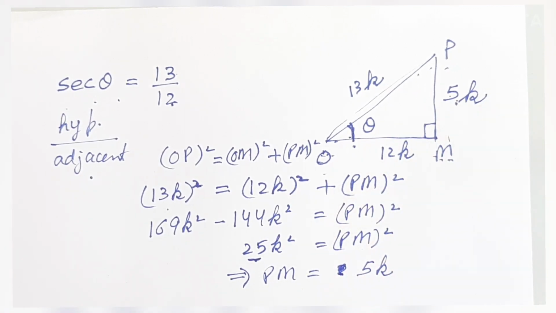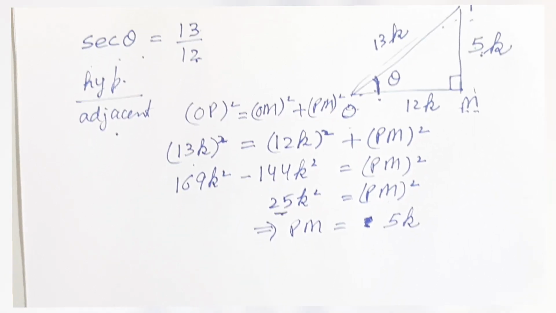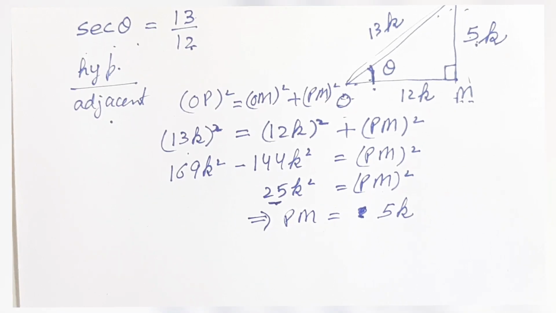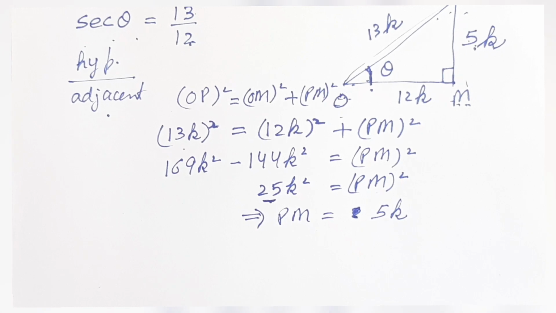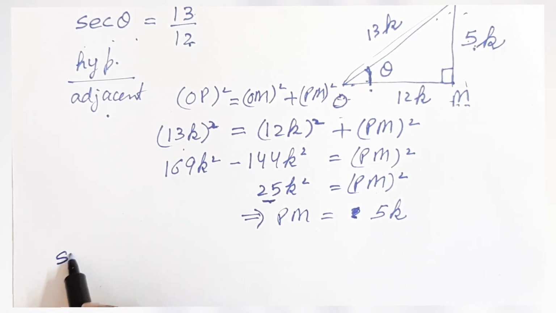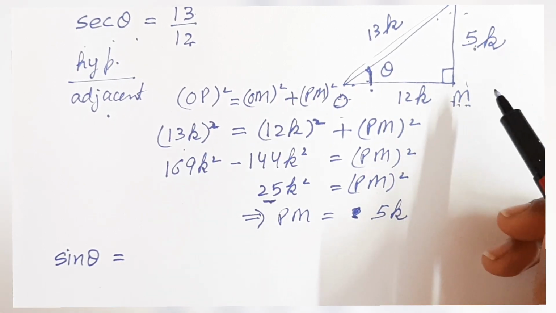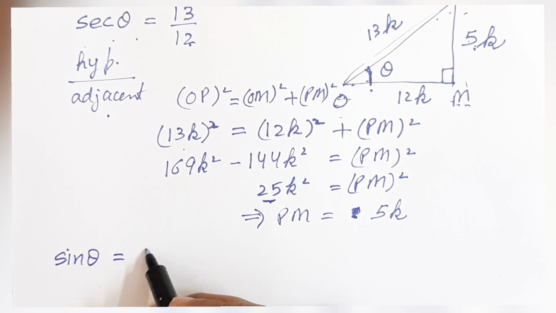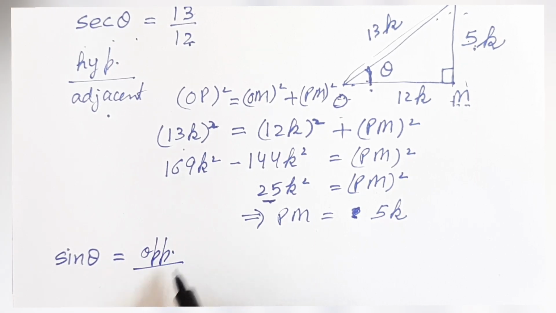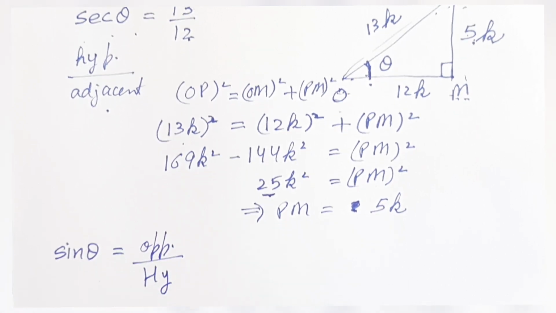Now let us find the remaining trigonometric ratios. Now we know that sine theta is equal to opposite upon hypotenuse.